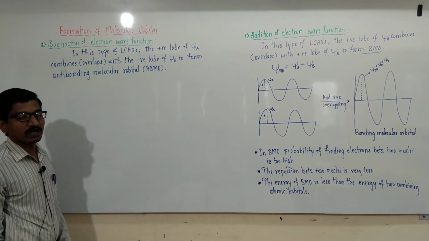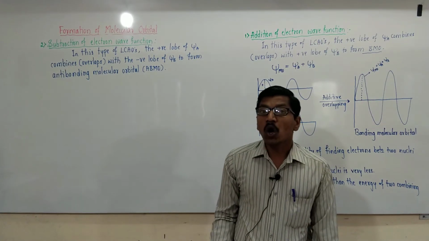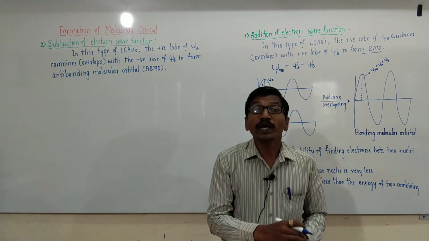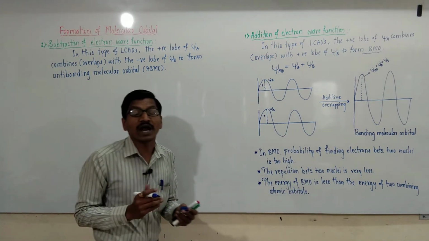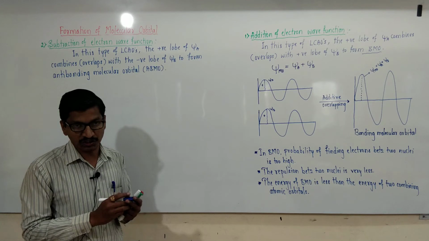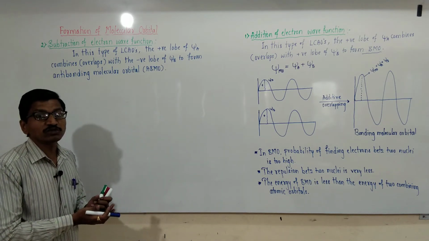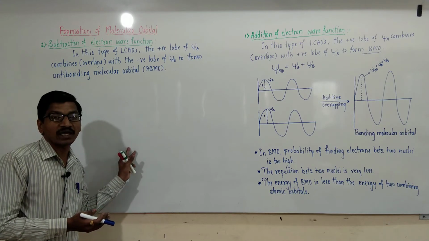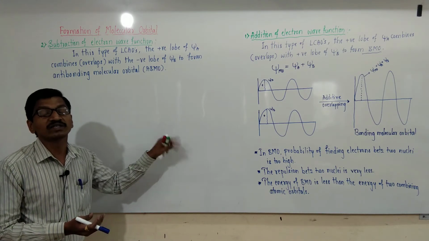Anti-bonding molecular orbital is formed by subtractive combination of two individual atomic orbital wave functions. Subtraction means the positive lobe of psi A combines with the negative lobe of psi B.